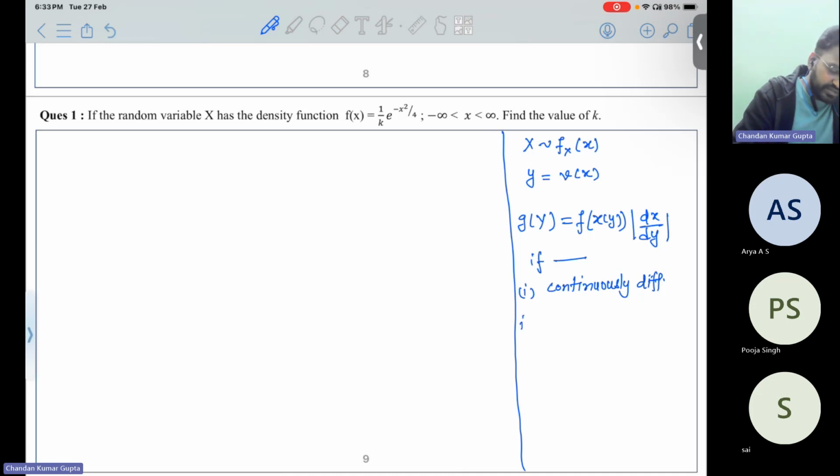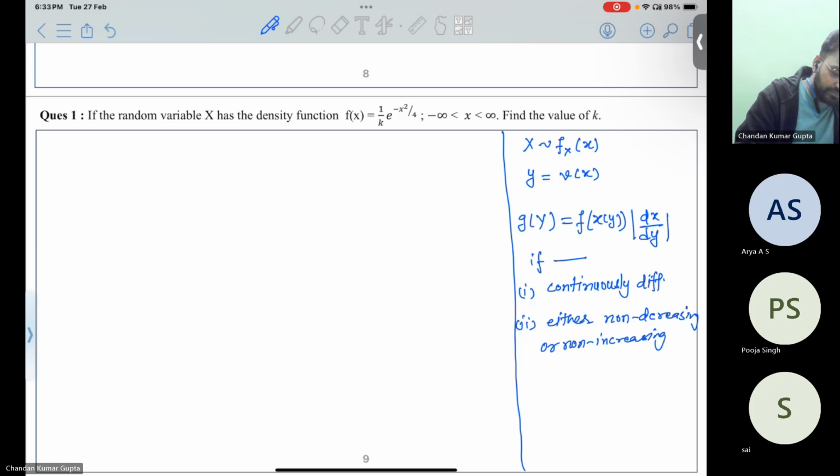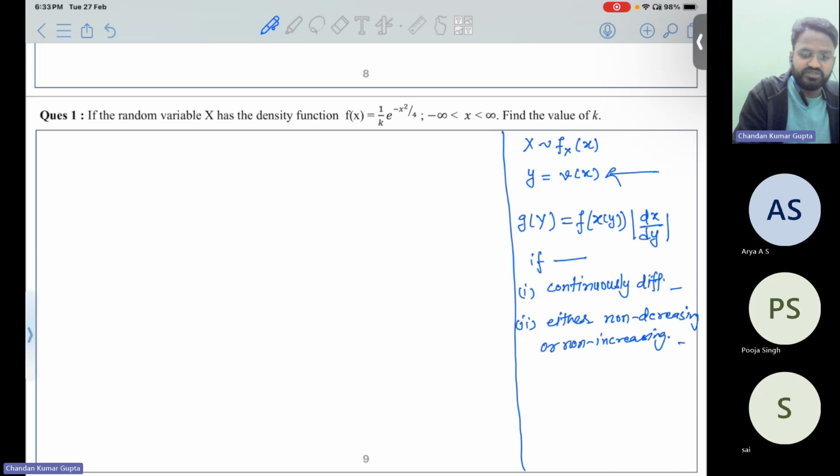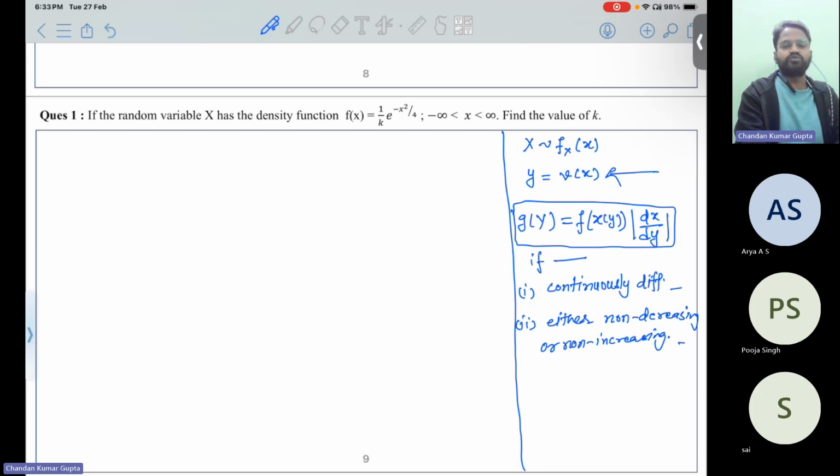And the second condition is that it is either non-decreasing or non-increasing. If these two conditions are satisfied by this transformation, then we can find the PDF or distribution of y with the help of this formula. It is one of the formulas to calculate the PDF of the transformed variable.